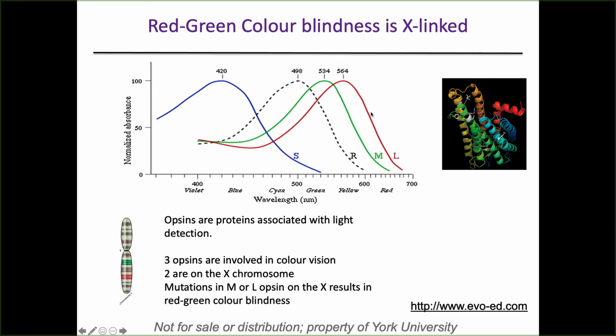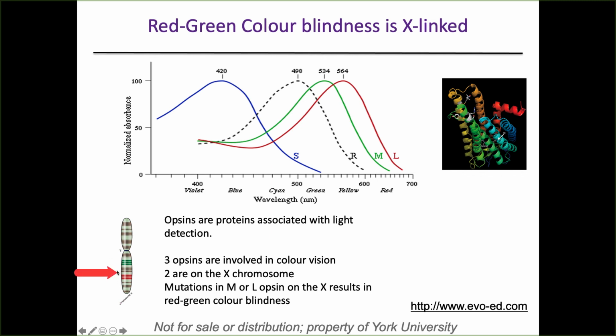There's the L opsin, which can absorb peak wavelengths in the red zone, M opsin, which absorbs green light best, and S opsin, which absorbs blue light best. These three different opsins are expressed in your cone cells, and it's your cone cells that are associated with detecting different colors. Two of the three opsins that are involved in color detection are found on the X chromosome.